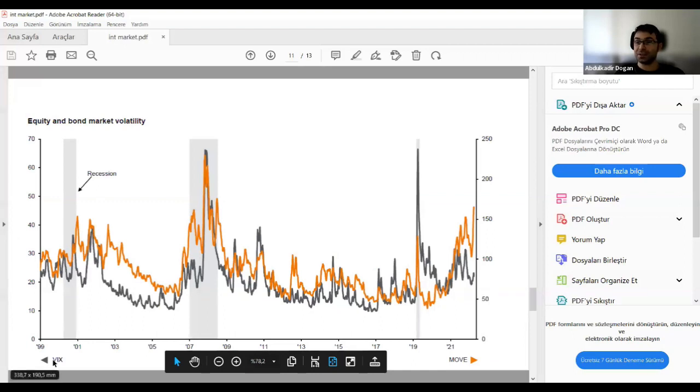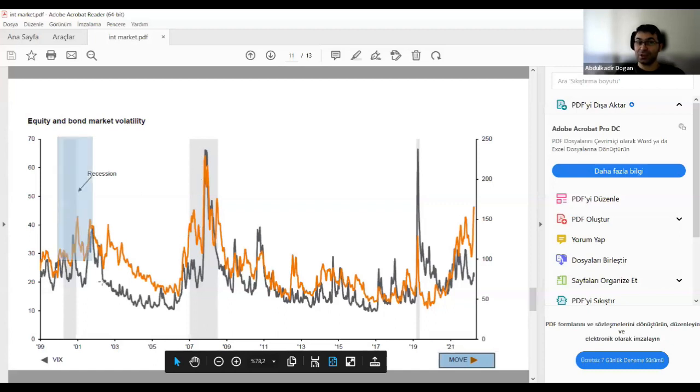If the VIX is increasing, stock prices decrease and gold prices increase, because everybody has fear and looks for a safe haven for their investment. And the MOVE index is the Bank of America Merrill Lynch fear index as well. They have the same direction and same cyclicality.